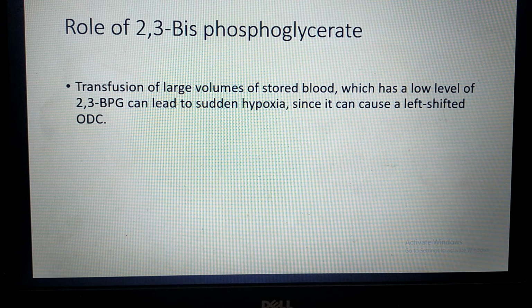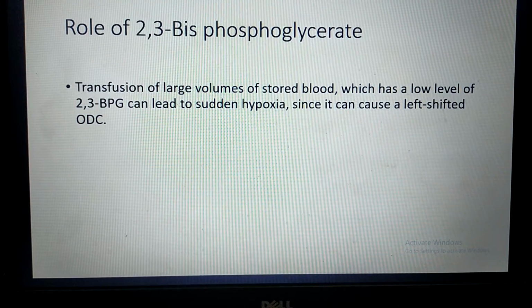Therefore, the patient develops hypoxia due to lack of 2,3-BPG, and the oxygen dissociation curve is shifted toward the left.